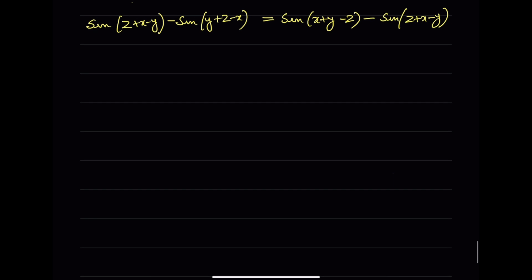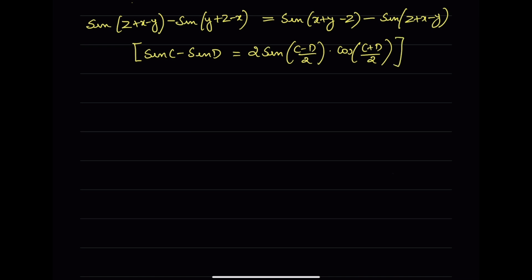So here we have something to work with now. This is of the format sin C minus sin D, which can be changed to 2 sine of (C minus D) by 2 and cos of (C plus D) by 2. So let's apply this formula on both the sides.